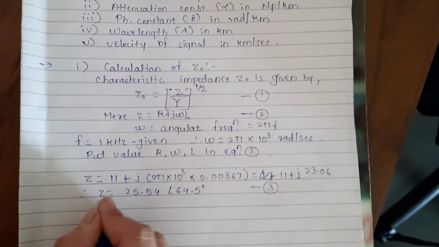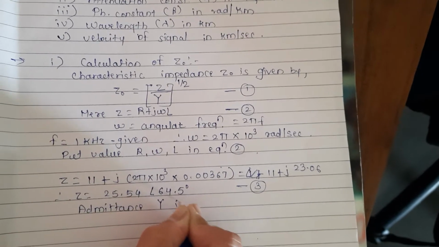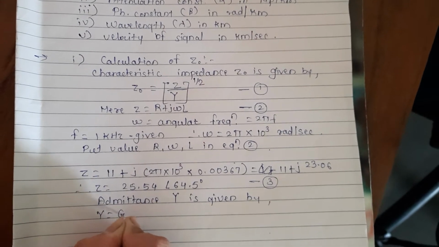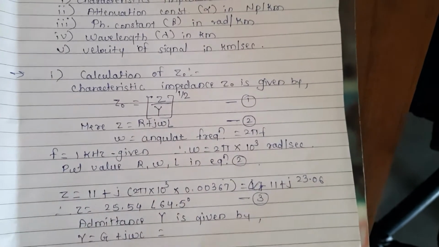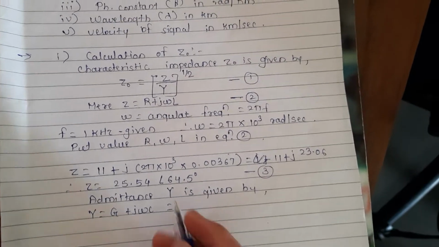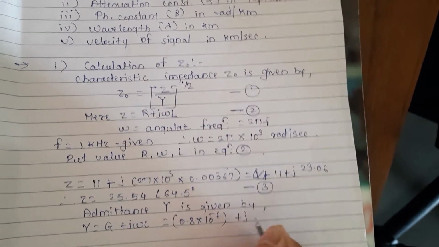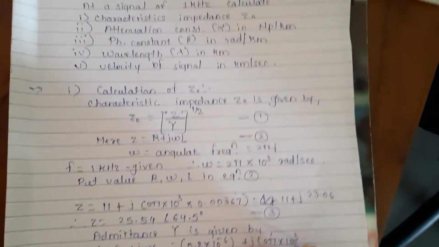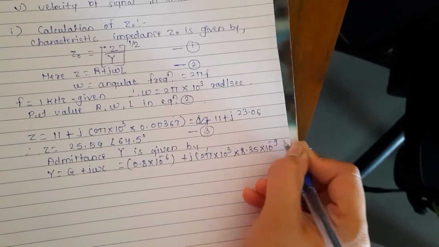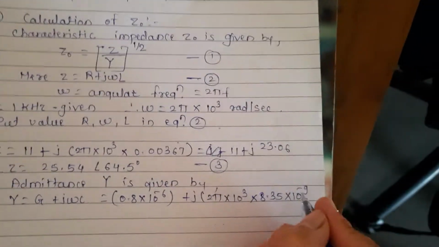Now admittance Y is given by the equation Y is equal to G plus j omega C. G is 0.8 micro, so it is into 10 raised to minus 6, plus j omega is 2 pi into 10 raised to 3, and C is 8.35 nano, so it is 10 raised to minus 9.